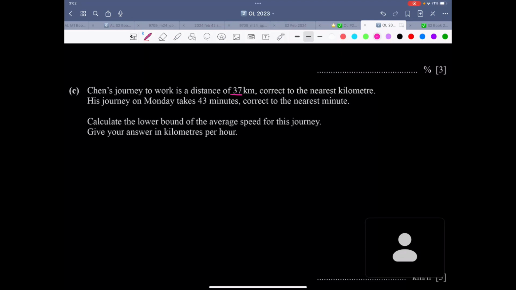So first of all, 37 kilometers to the nearest kilometer, the lower bound is 36.5 and the upper bound is 37.5. When we talk about the minutes, the 43, the lower bound is 42.5 and the upper bound is 43.5.